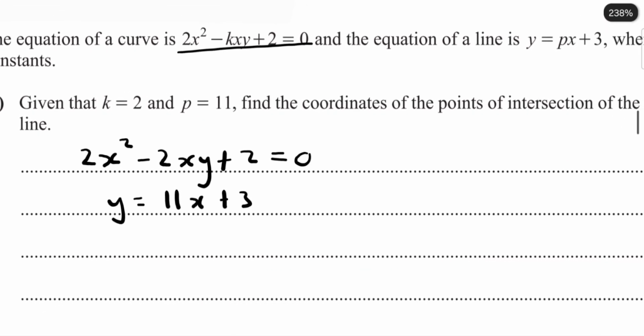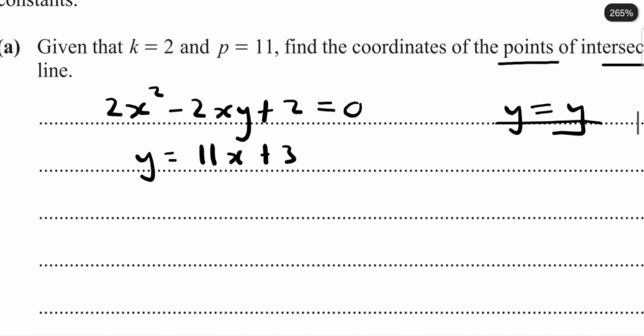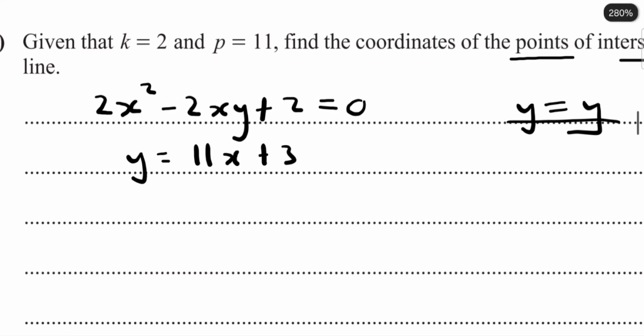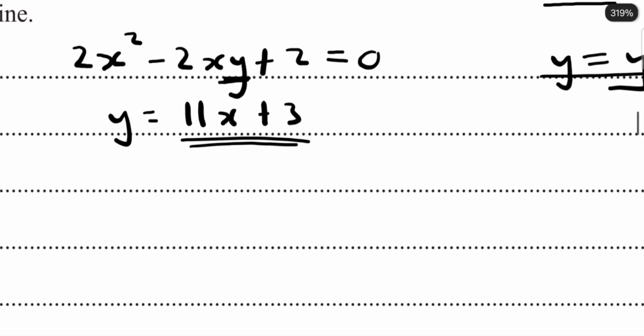And to get the points of intersection, we equate the two. In other words, y equals y. So we are going to substitute this y in the first equation with 11x plus 3.